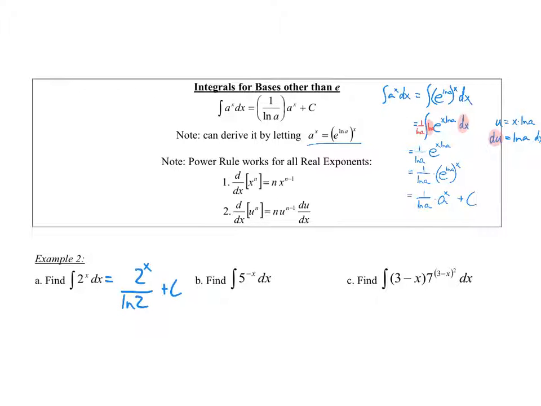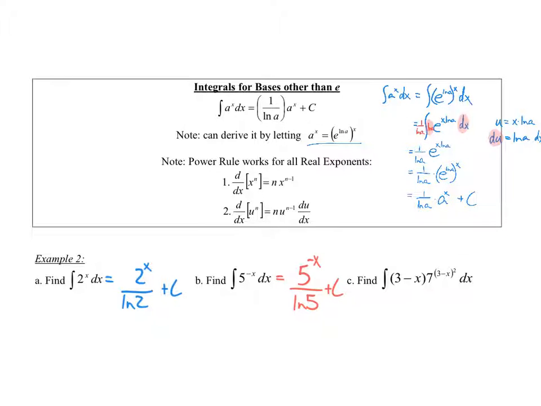If I have 5 to the negative x, let's think about this. We're saying, this is what Adam said, 5 to the negative x over ln of 5. What do you think? Okay.